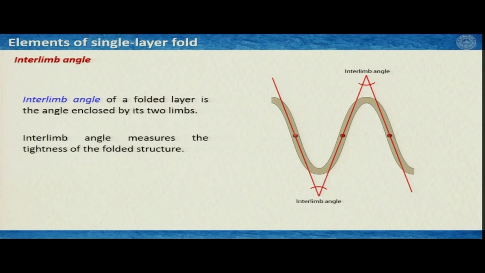In this case I can consider this one and this one, and then from these inflection points I draw a tangent, which for example is this red line, and here this red line. They will intersect somewhere, and the angle they make is the interlimb angle.